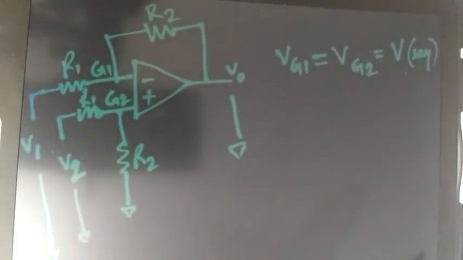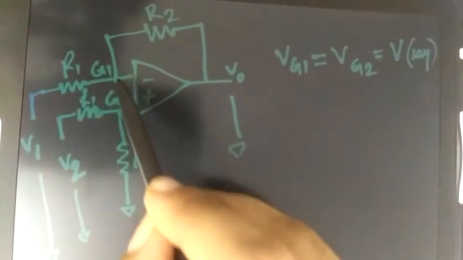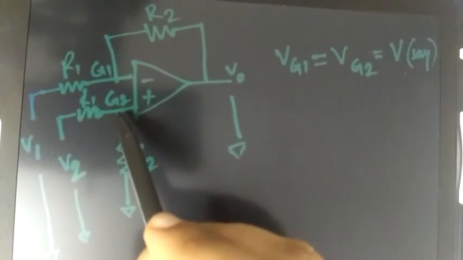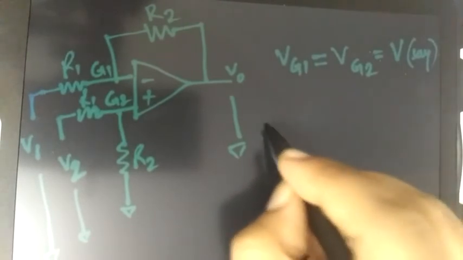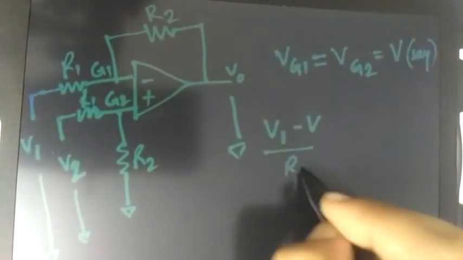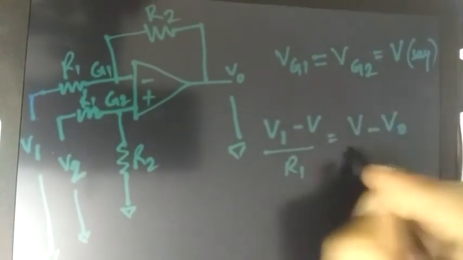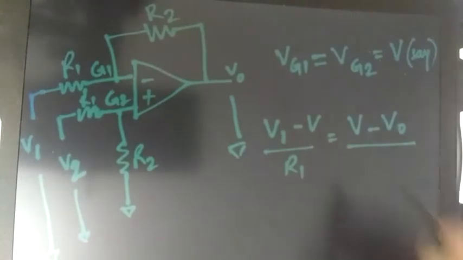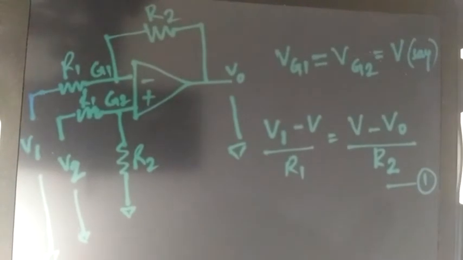Now applying Kirchhoff's current law at point G1 and at point G2, I will get (V1 minus V) by R1 is equal to (V minus V naught) by R2. Let me take this relation as 1.